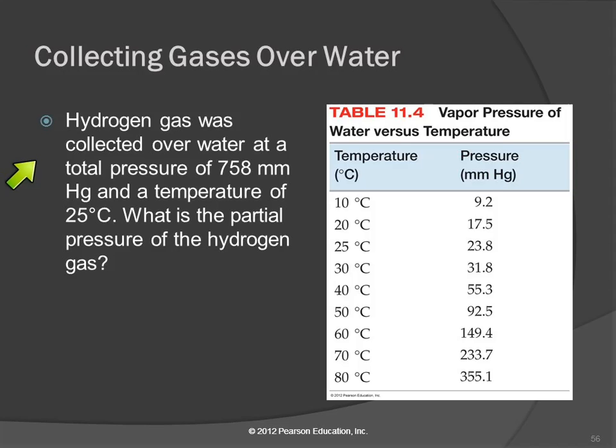So hydrogen gas was collected over water. Anytime you see over water, that means there's water vapor in there. You're going to have to use Dalton's law of partial pressures to correct the pressure. So the total pressure is 758 millimeters of mercury. The temperature is 25. What's the partial pressure of the hydrogen gas?